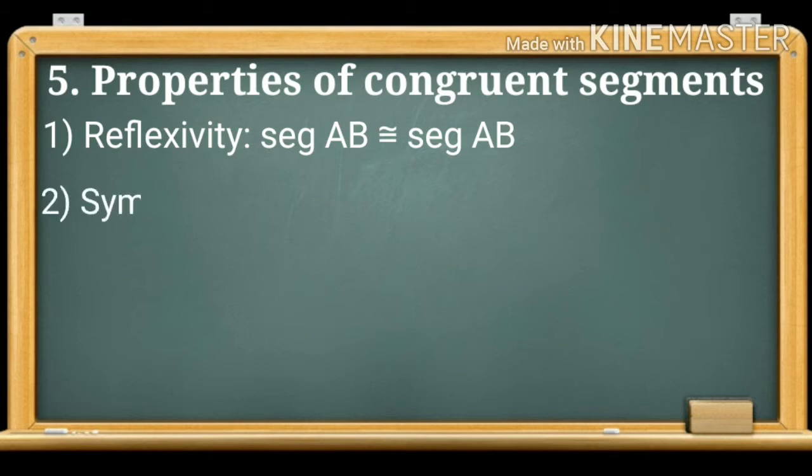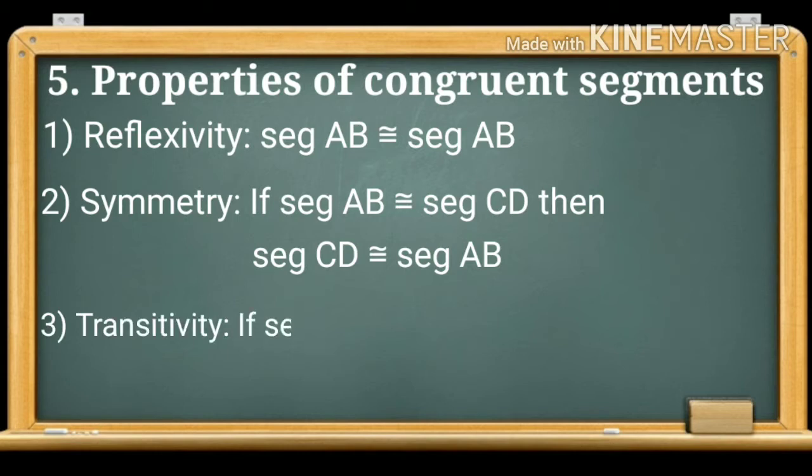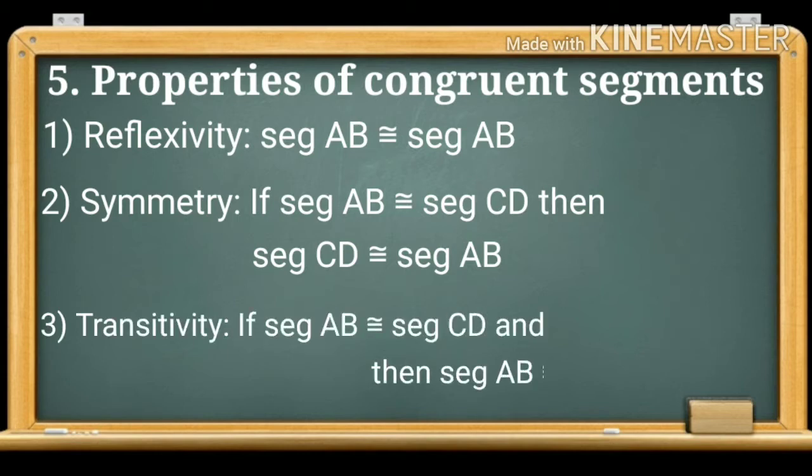Second property is symmetry. If segment AB congruent to segment CD, then segment CD is congruent to segment AB. Third property is transitivity. If segment AB is congruent to segment CD and segment CD congruent to segment EF, then segment AB is congruent to segment EF.